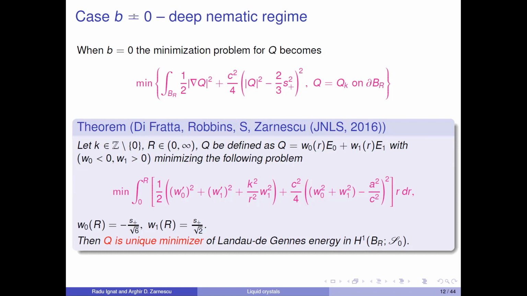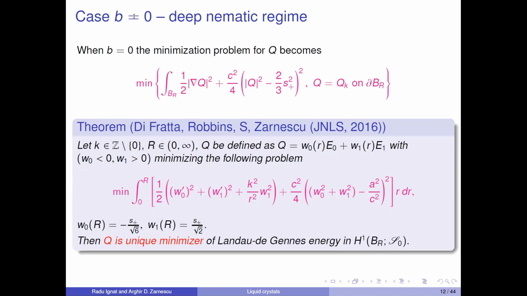And then you can look at the corresponding problem for the components. So this will be essentially a 1-dimensional coupled system. And then what you get is a unique minimizer for any radius.